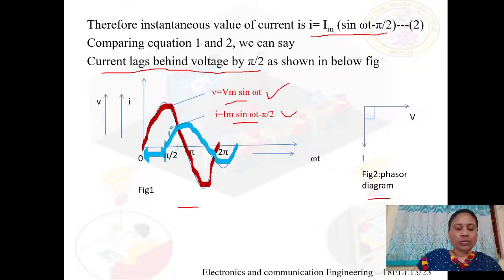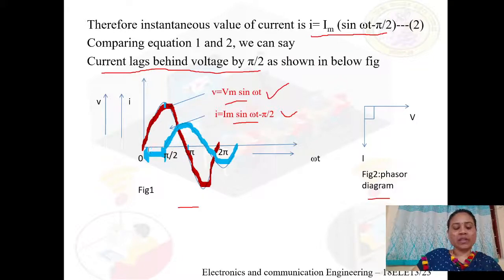That is, there is a phase difference of pi by 2. So lagging in the sense the voltage starts at reference value and it reaches its maximum value prior to the current. So when the voltage achieves its maximum value at pi by 2, at that time interval the current starts to rise and it becomes maximum at pi.